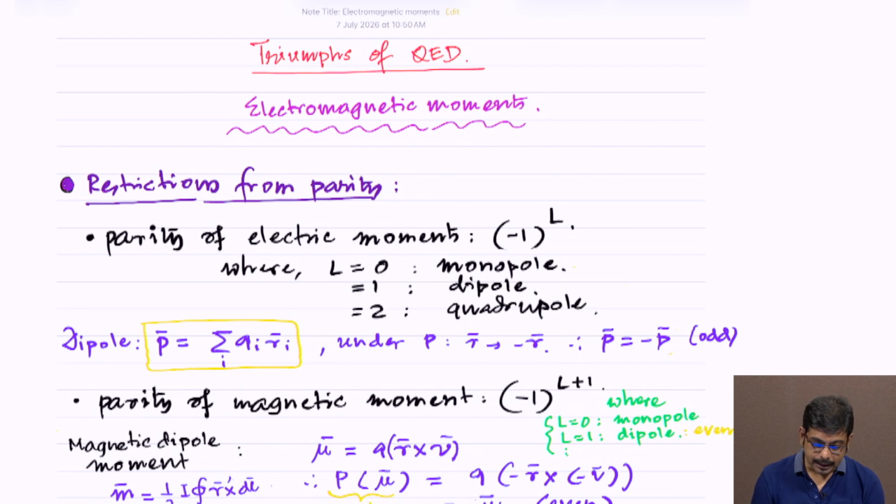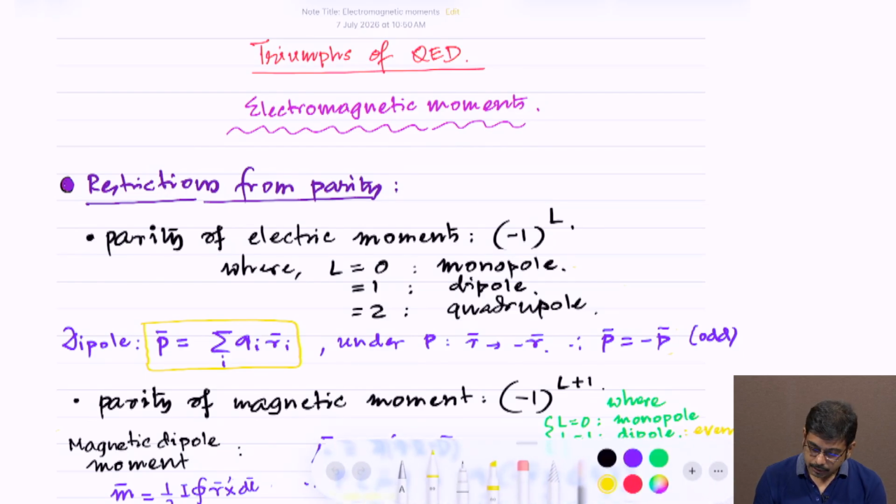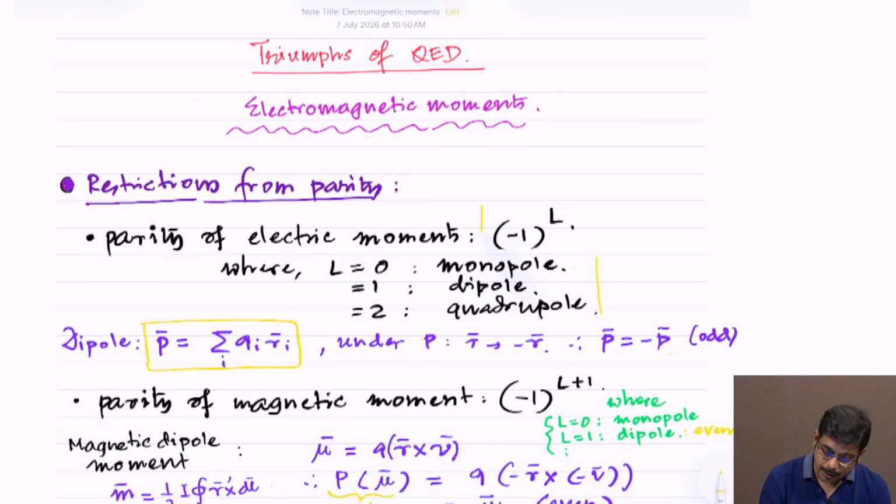The parity of the electric moments is defined by minus 1 to the power L, where L equal to 0 defines monopole, L equal to 1 defines dipole, L equal to 2 defines quadrupole, okay? And parity is defined by minus 1 to the power L.